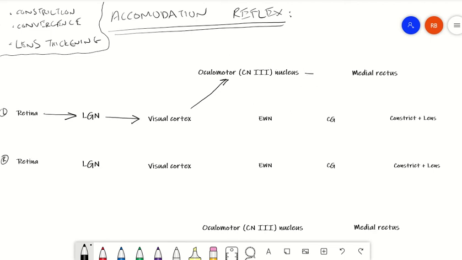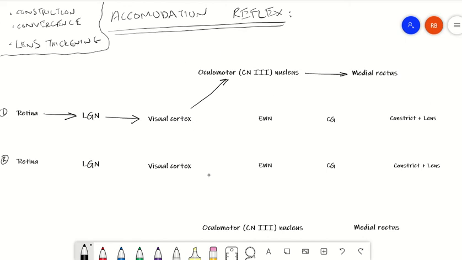And from here, they stimulate the medial recti to contract. The medial recti are the extraocular muscles towards the nasal side, and they produce an adduction action of your eyes. So if you were to imagine both of your eyes adducting, that corresponds to convergence, the end result of the accommodation reflex. That's why the medial recti initiate that convergence, because the visual cortex stimulates the oculomotor nucleus to produce that.